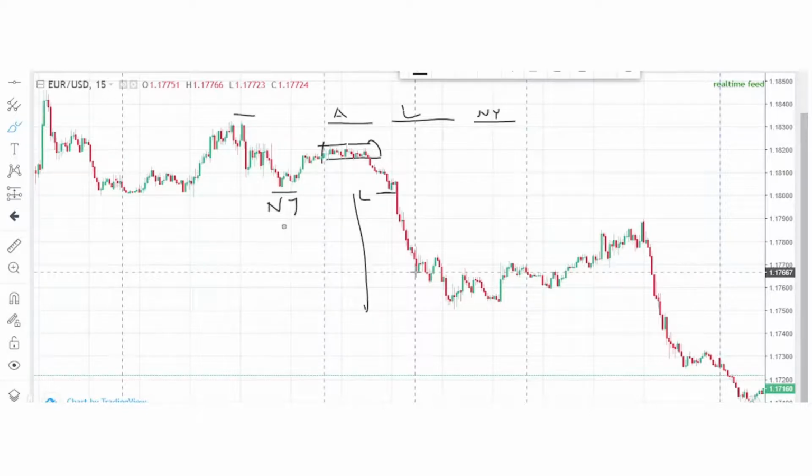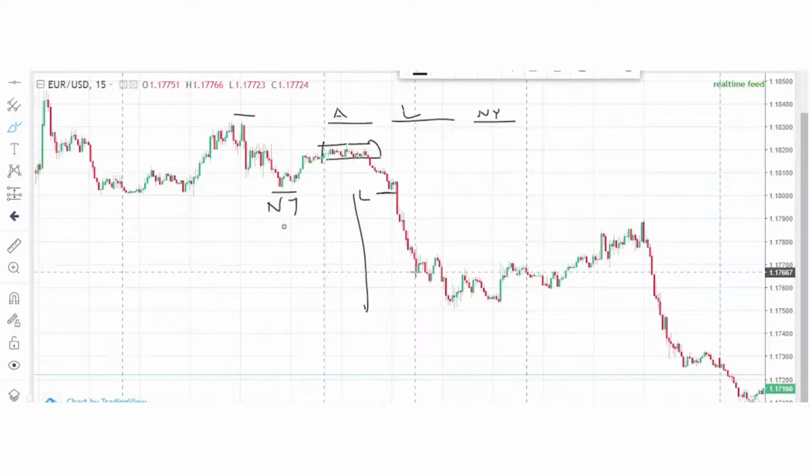So we want to see a session break. We want to see the break of Asia. If we are trading the London session, we want to see the London session breaking Asia in a particular direction. Then we will know that the market for that day will go in that direction. You understand?